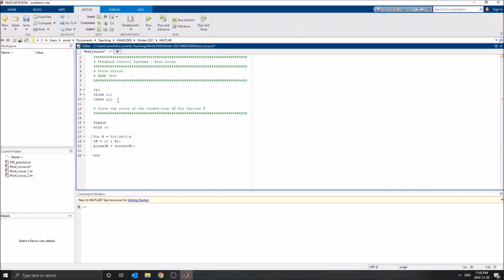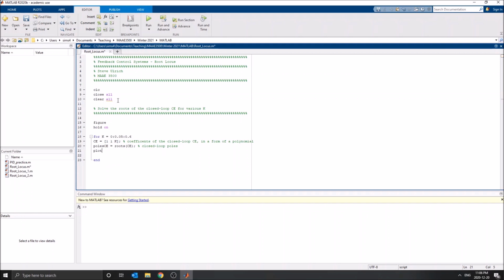Easy peasy. Just to add a bit of comments here: these are the coefficients of the closed loop characteristic equation in the form of a polynomial. All right, so here we're then calculating the closed loop poles.